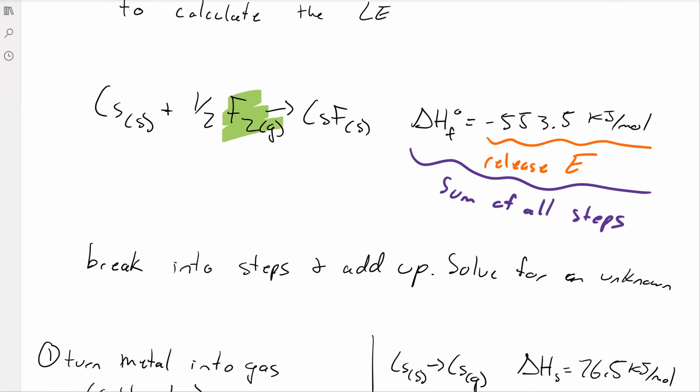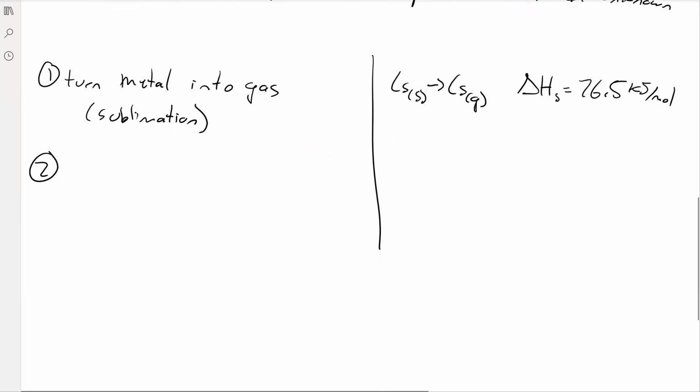Another thing with these halogens, they are always diatomic. So it's always F2, Br2, Cl2, whatever. But here we only have one F. So what we need to do is break that bond. So we need to break F2 into just F, right? So we're going to break that chemical bond.